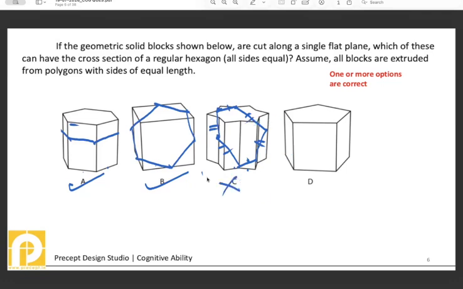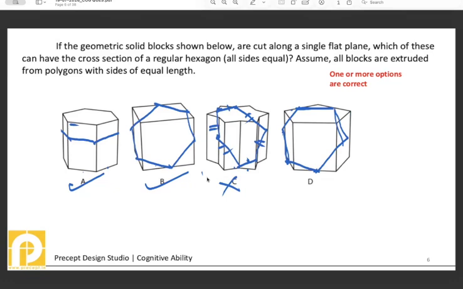With option D also, I will get a hexagon provided I connect it along these sides. Okay. But again, it won't be a regular hexagon.